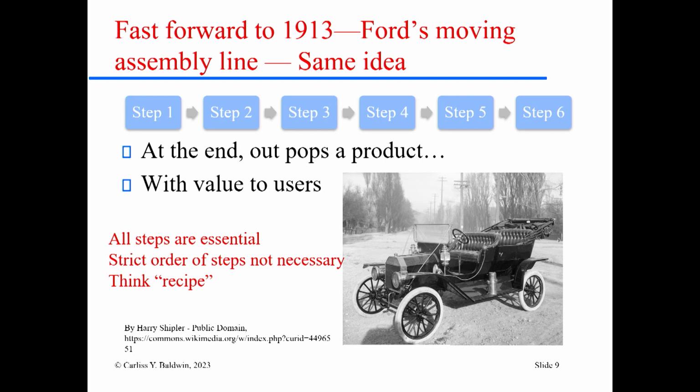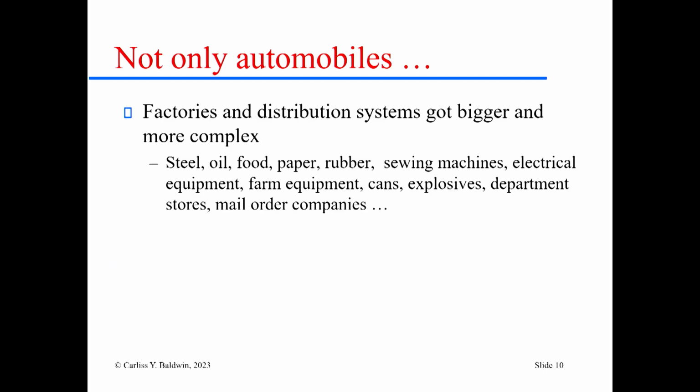So in these processes, all steps are essential. Strict order of steps is not necessary. Think of carrying out a recipe. That's the structure. It imposes some constraints. Not only on automobiles, there's a whole list of steel, oil, food, paper, rubber, sewing machines, electrical equipment, farm equipment, cans, explosives, department stores, mail order companies, all incorporated flow production processes, and became large in the process.